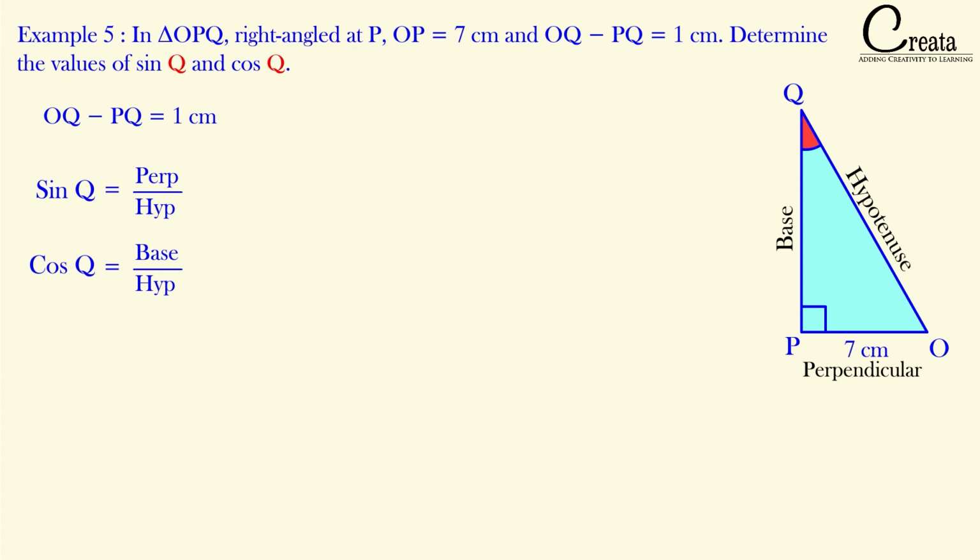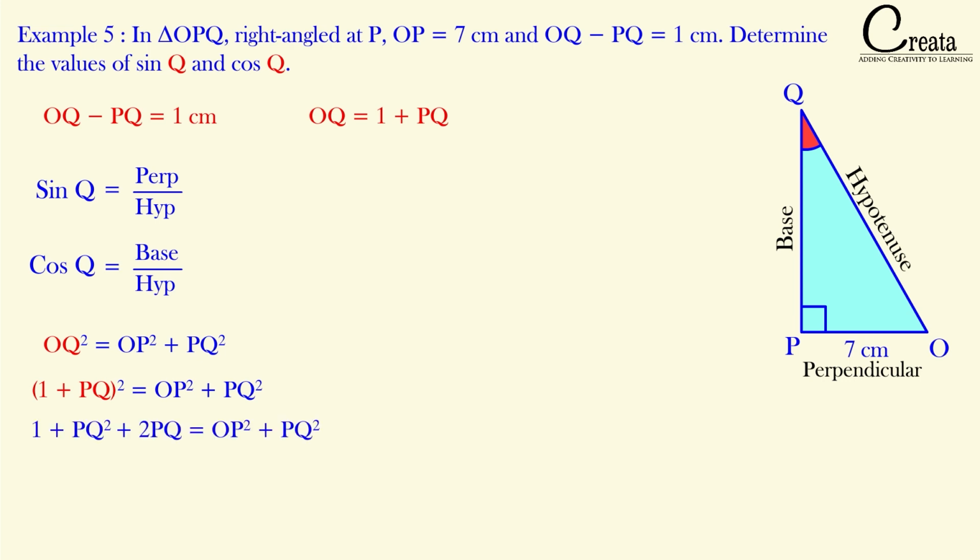We can apply the Pythagoras theorem, that is OQ square is equal to OP square plus PQ square. And in the question itself, it is given as OQ minus PQ is equal to 1. From this, we got OQ is equal to 1 plus PQ. So let's replace OQ with 1 plus PQ in this equation.